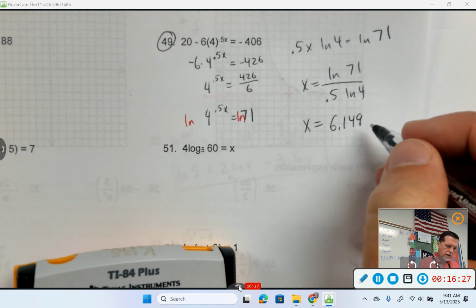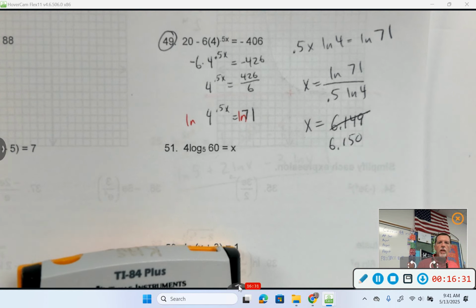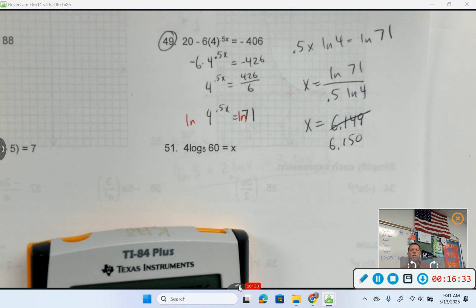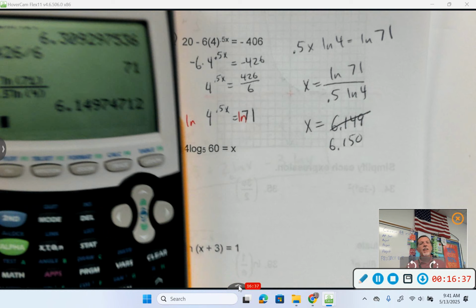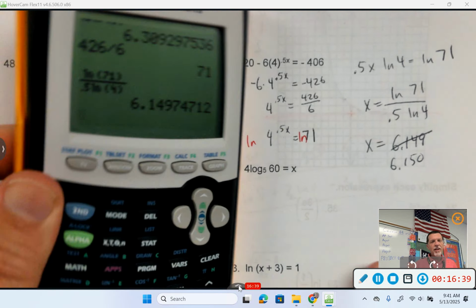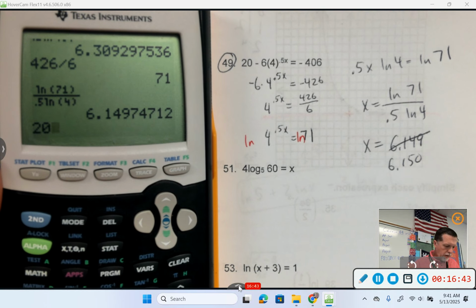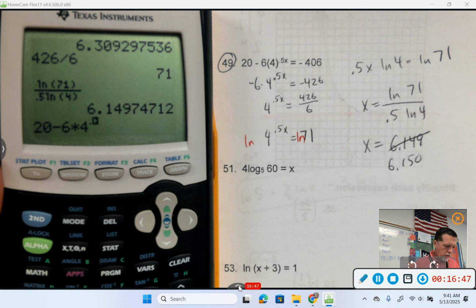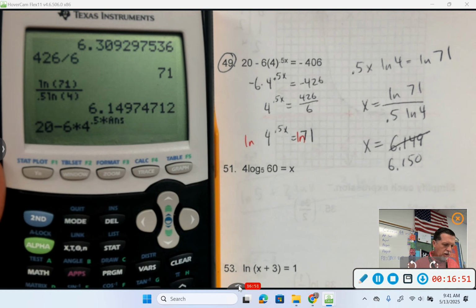Oops, 1497, so that's really 6.150. Reminder, easy to check, and I think you'll have time. You've got the answer right there in your calculator, so I'm going to do this one: 20 minus 6 times 4 to the 0.5 times answer.